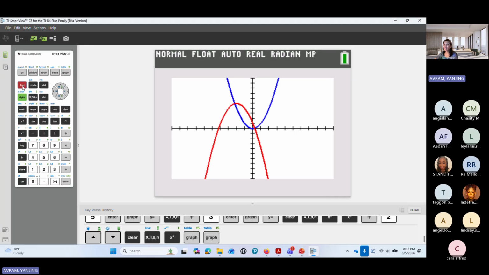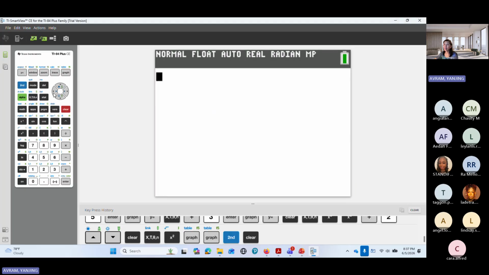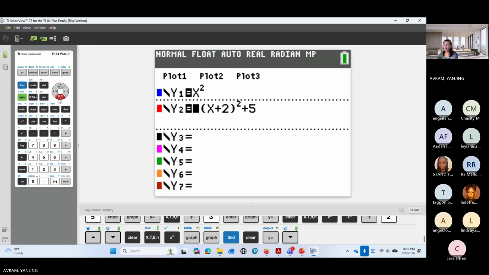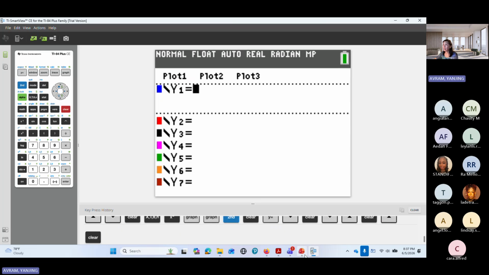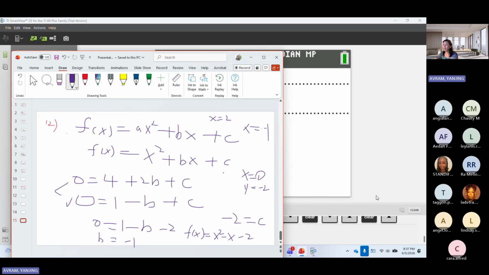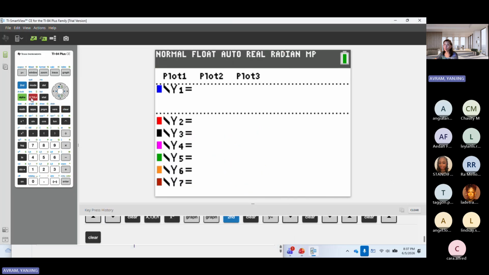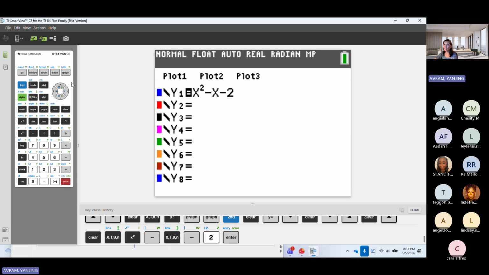All right, we can plug this whole thing into a calculator, right? And let's see what we got. We got x squared minus x minus 2 in here, right? So let's see how it looks.